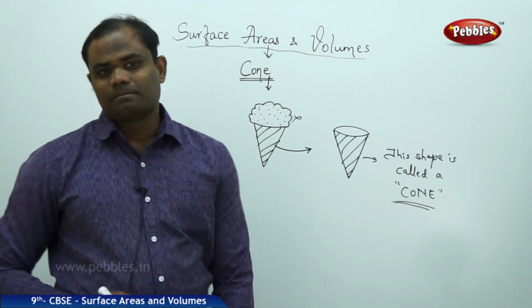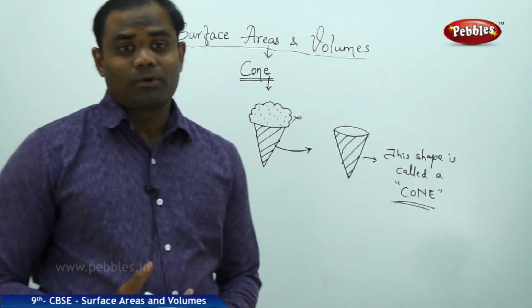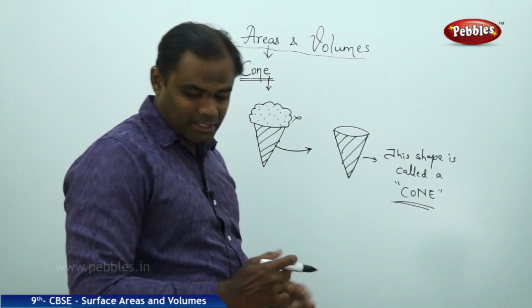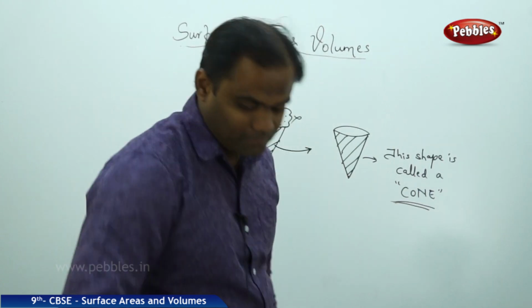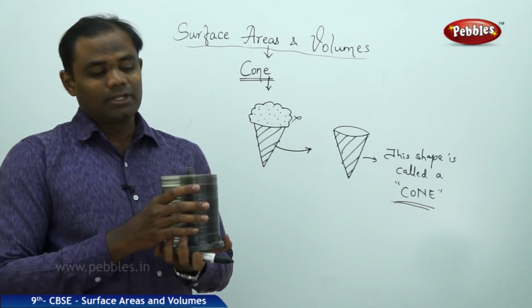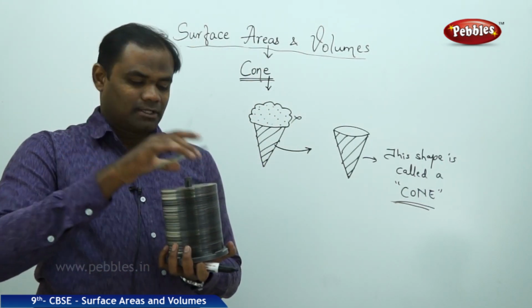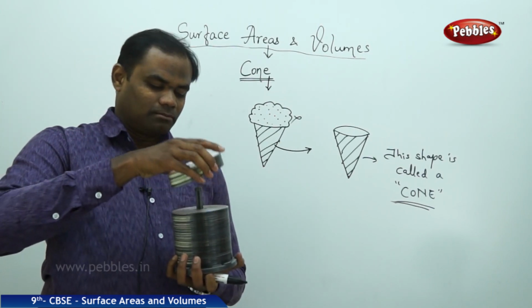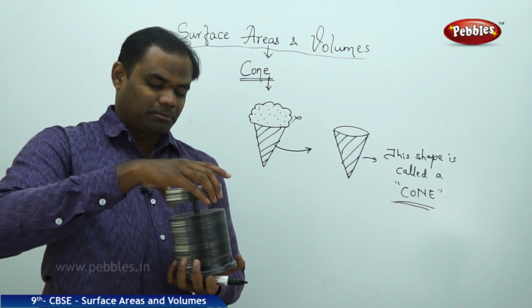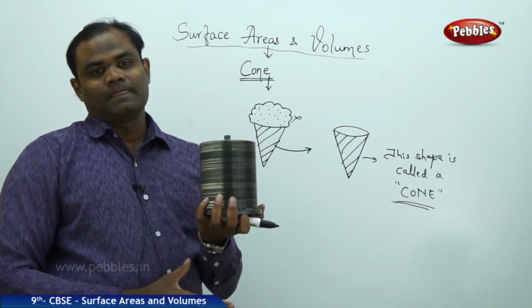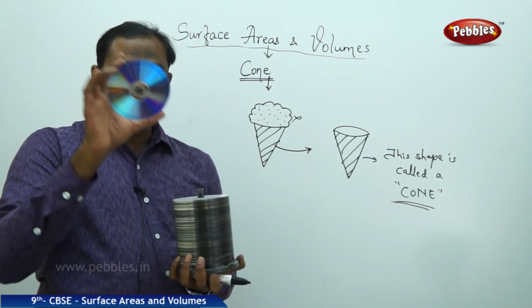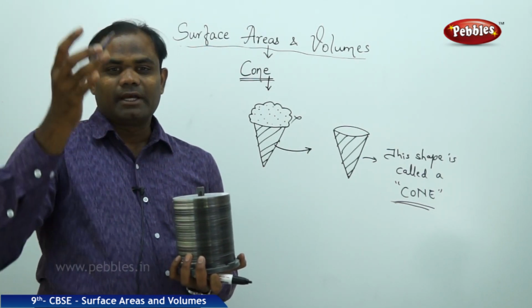So what is a cone? What are its different properties? Just like in the previous problem, where we took a cylinder as a real life model, each of the discs, which were of the same shape, was used to form a cylinder. Now we will investigate what happens if I start reducing the size of the CD as I go down.